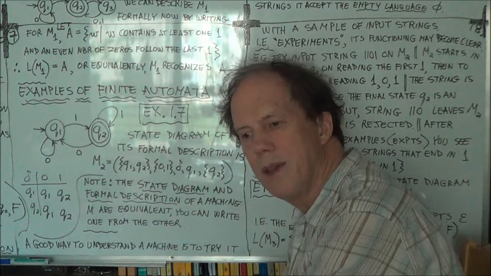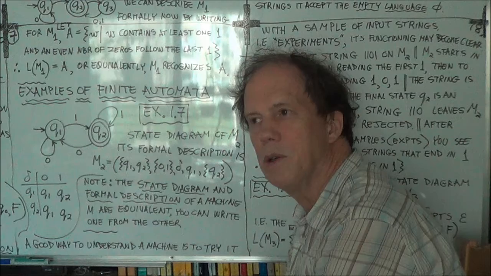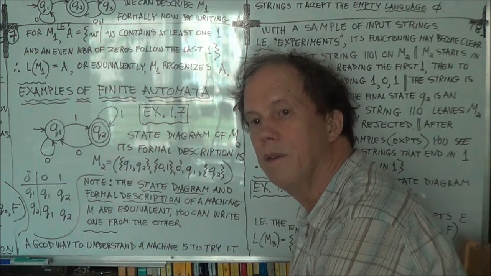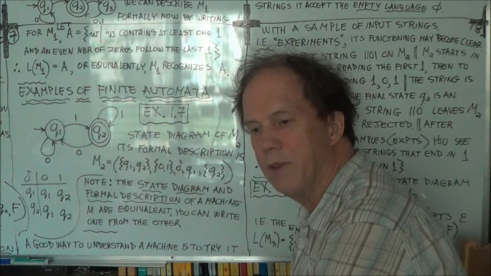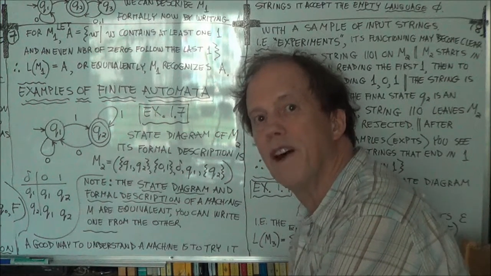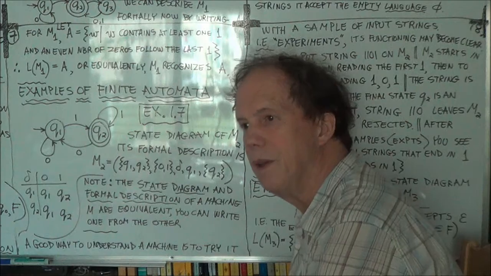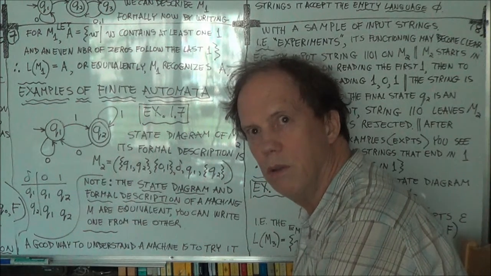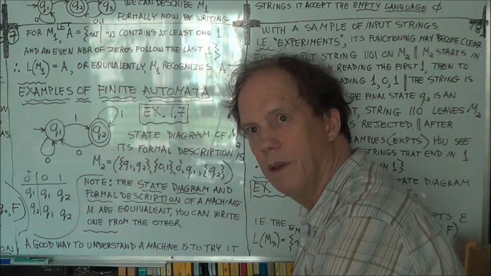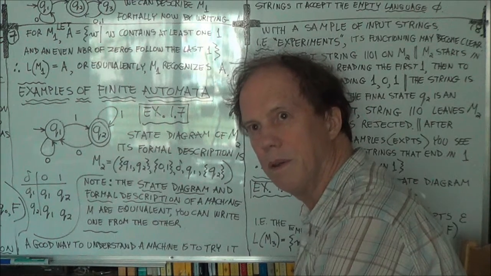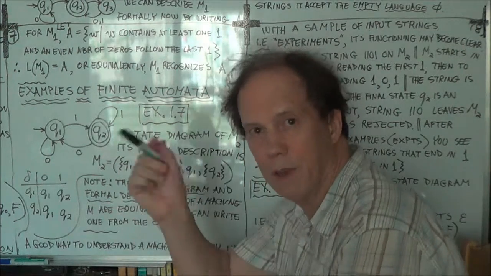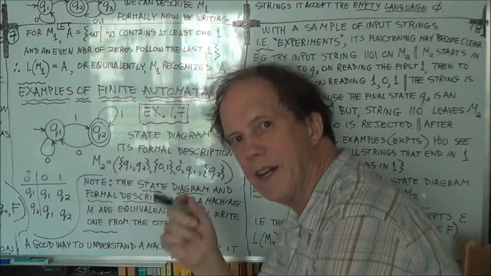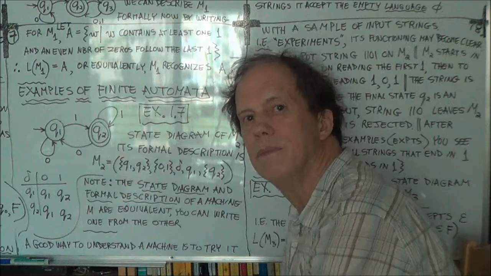We'll write out each automaton's formal definition, its 5-tuple: the Q, the sigma, the delta, the Q0, and the F. And we'll specify what those five things are for that given automaton.